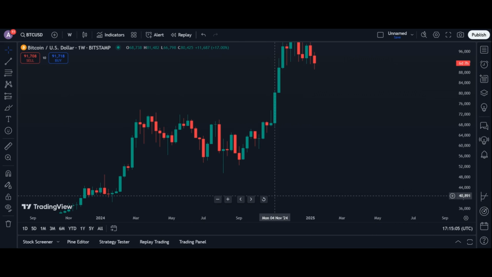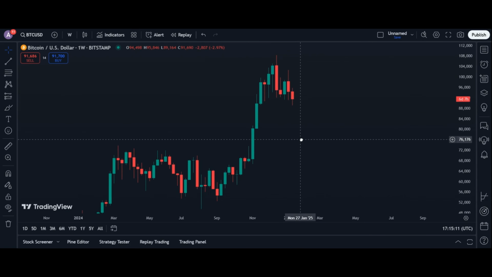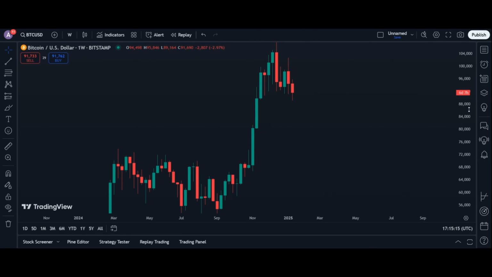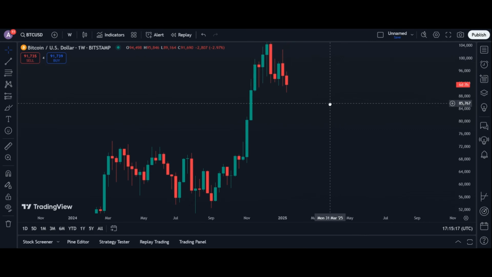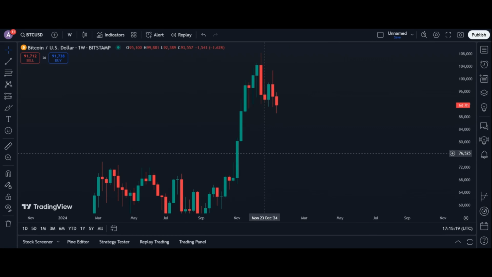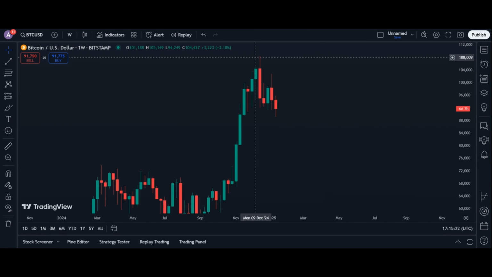February to October, there wasn't any specific trend in the market, and after that, there was a spike and a sharp increase in the price of the market, and it goes up, up, up, and it touches $108,000, and after that there wasn't any buyer for the market, and then the price decreased.